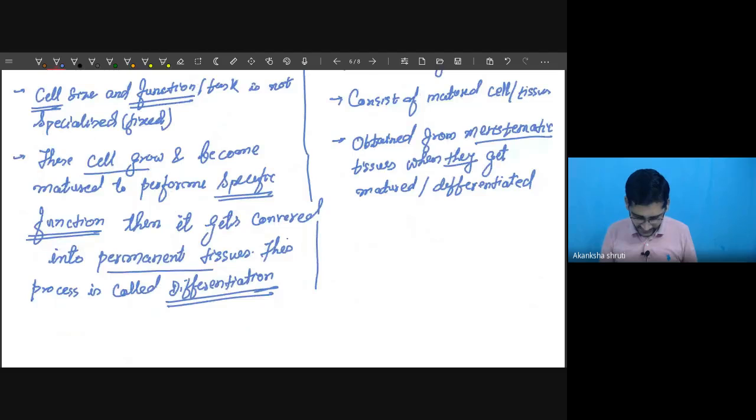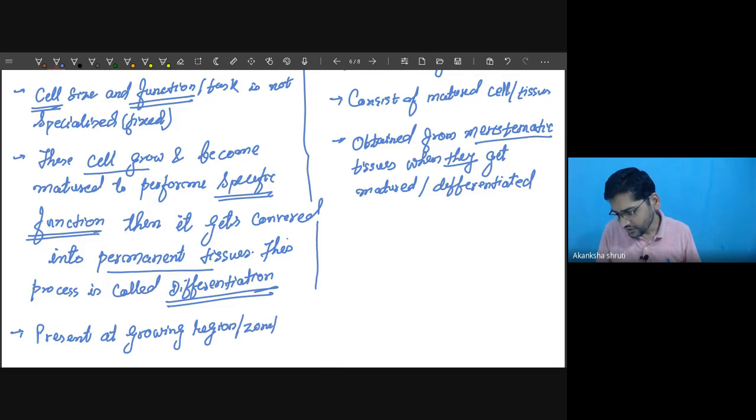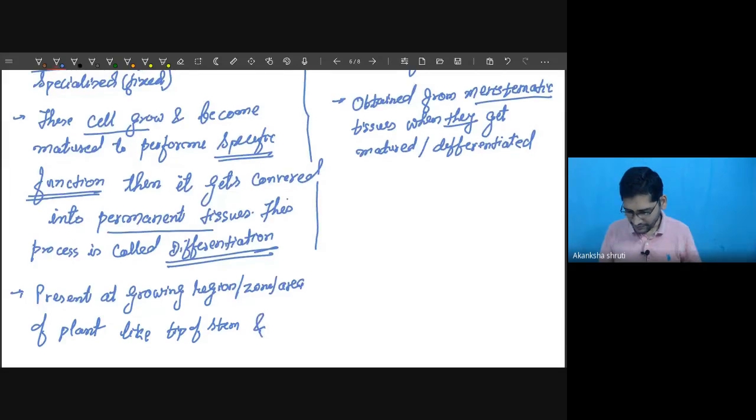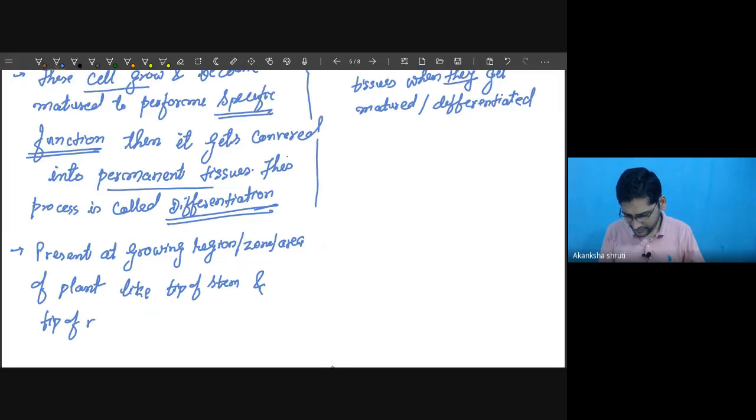So it is present at the growing zone or region of the plant, like where the plant grows mostly, at the tip. Like the tip of a stem, also called your shoot, and the tip of root, and this is your root. Okay, students, so this way we have to understand.